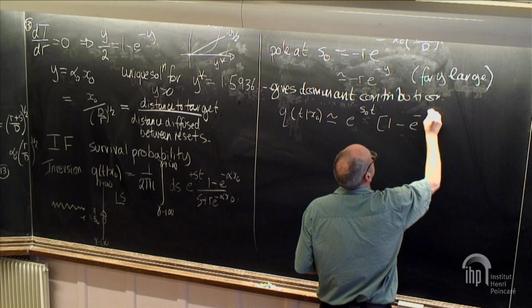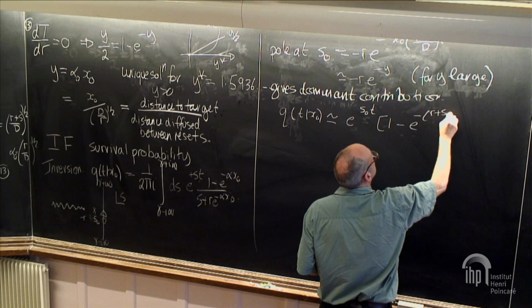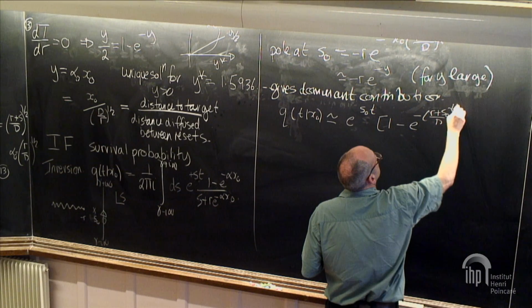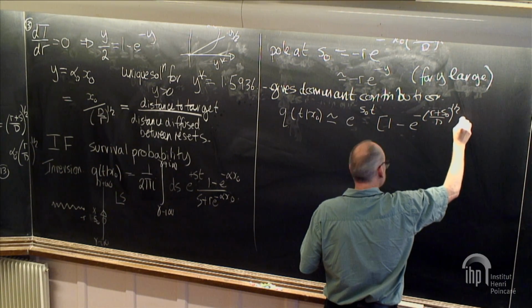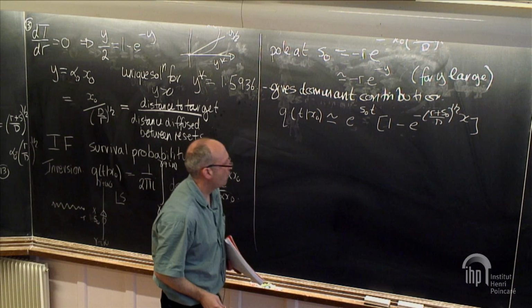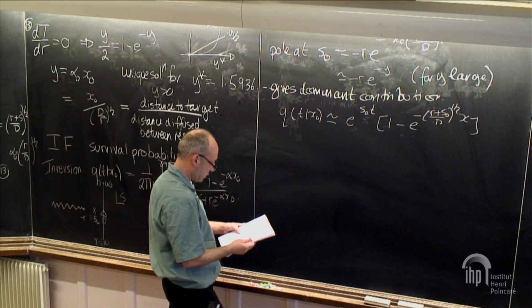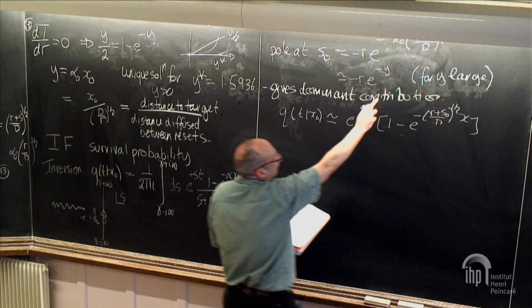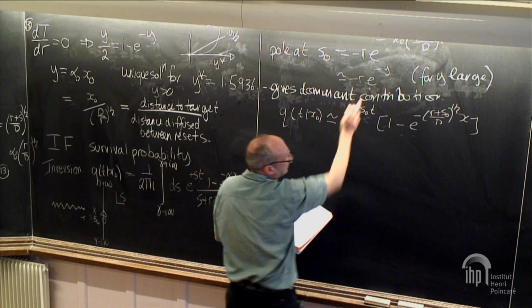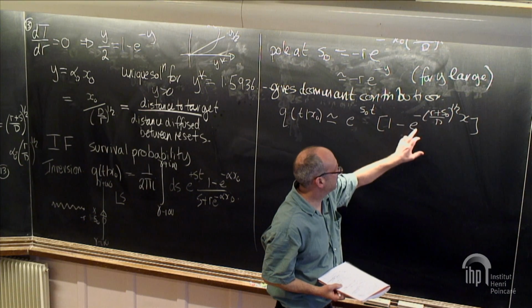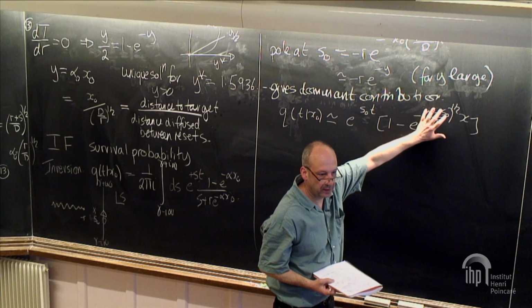Anyway, it's e to the minus square root of (r plus s naught) over D times x. So if y is large, then s naught is approximately this. And effectively, if y is large, that's e to the minus y, and we can forget that.